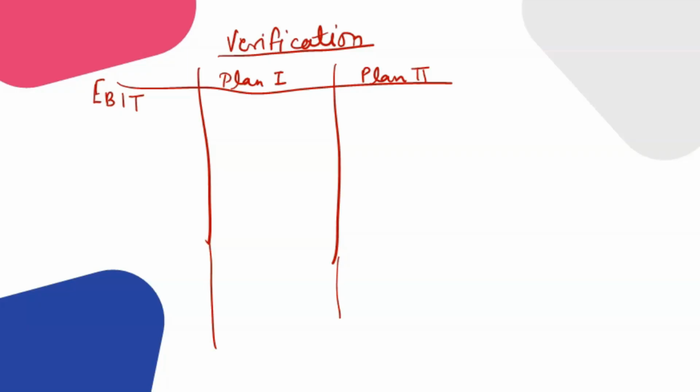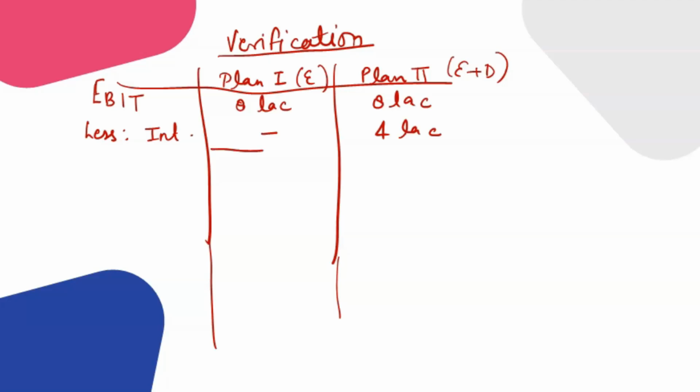So EBIT is obviously, plan first is about equity only and plan second is about equity plus debentures. EBIT we have just calculated, that is 8 lakh in both the plans. Then from EBIT we have to deduct interest. In the first plan there was no interest, in the second plan there was, and we have calculated 4 lakh as the interest.